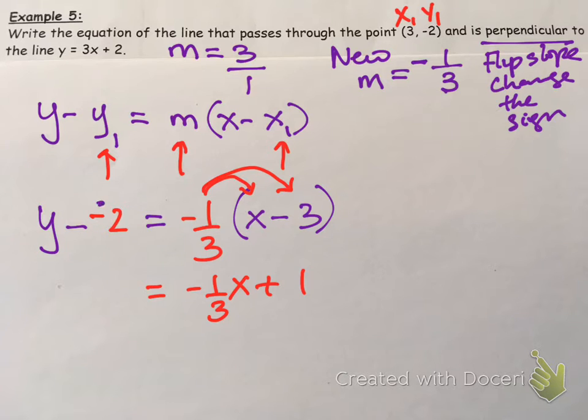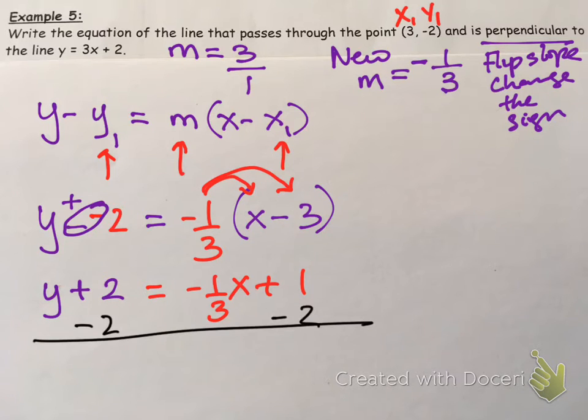Over here, these two negatives are going to come together to give me a positive, so I'm left with y plus 2. And so, I'm trying to transform this equation into slope-intercept form, so I need to get rid of this plus 2 by subtracting 2 on both sides. So I'm left with y equals negative 1/3 x.